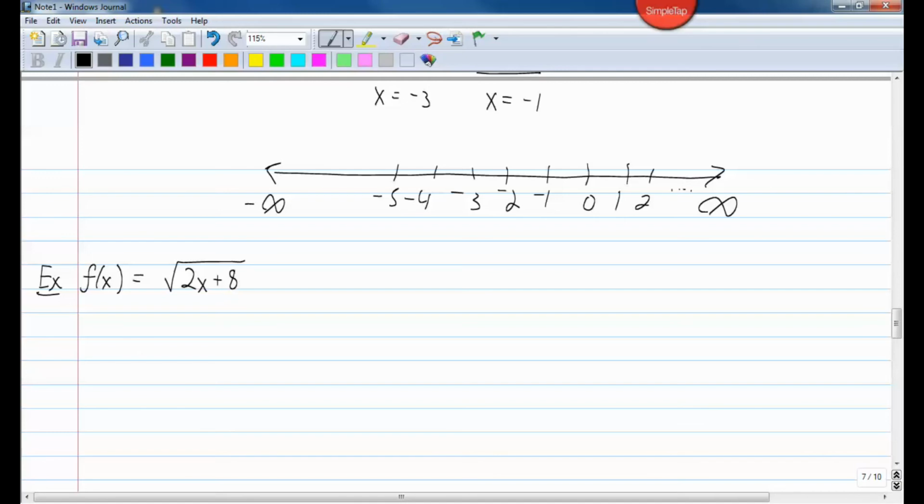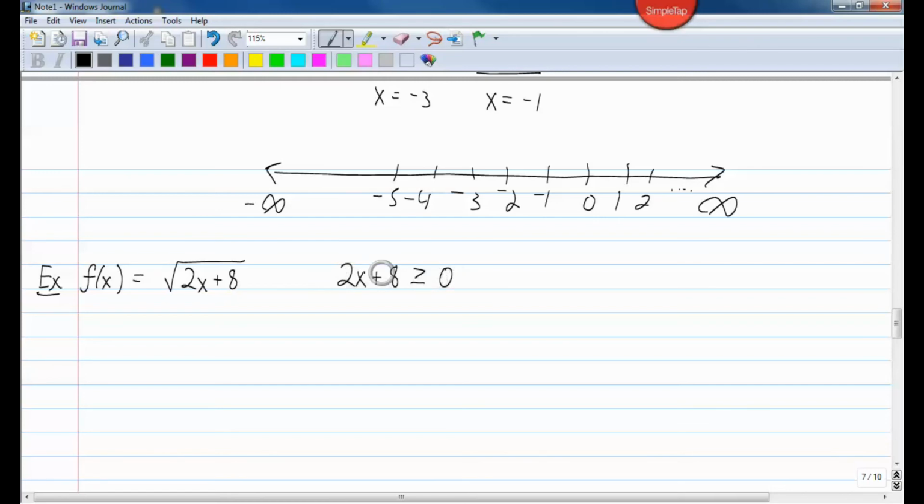With radicals, with a square root, a cube root, a sixth root, an eighth root, if the index here is even, for us to get real numbers out, we want what's under the radical to be greater than or equal to 0. As long as this radical is not in the denominator, we just want what's underneath to be greater than or equal to 0. So you simply come to the side and write the inequality. 2x plus 8 needs to be greater than or equal to 0.